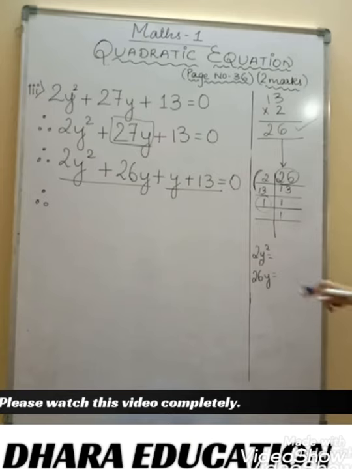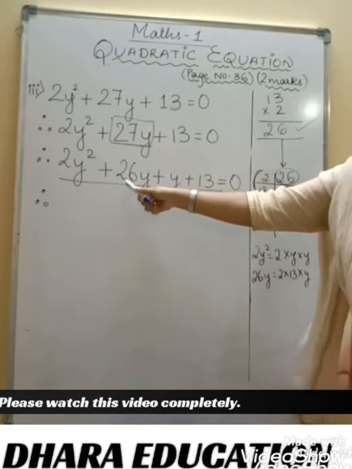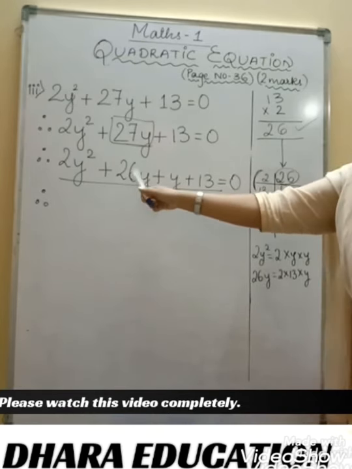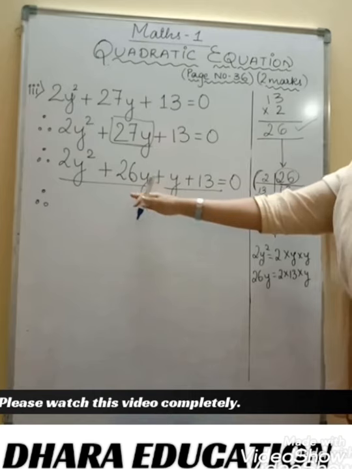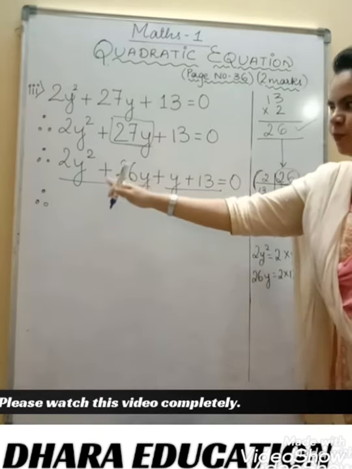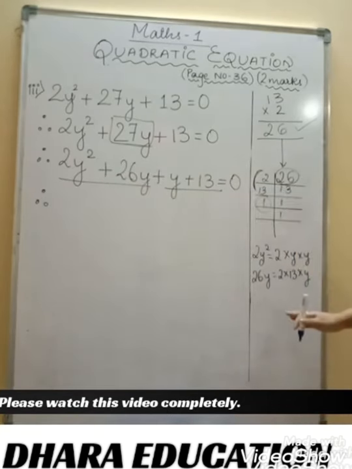Now students, 2y square, I am splitting this: 2 multiplied by y multiplied by y. Here 26y: 2 multiplied by 13 multiplied by y. So I have split these 2 terms, which I have done in the first pairing of the terms on both sides.